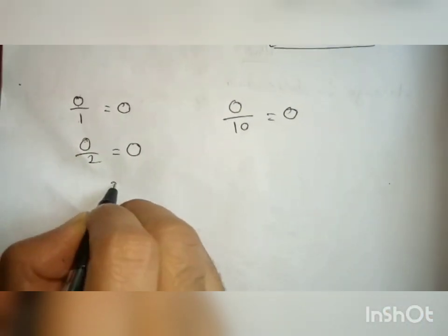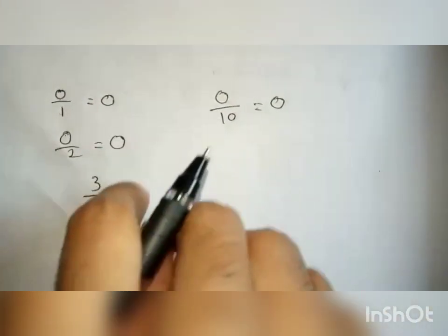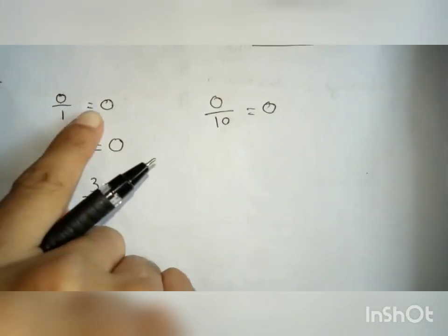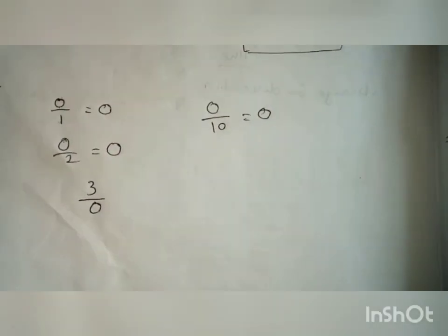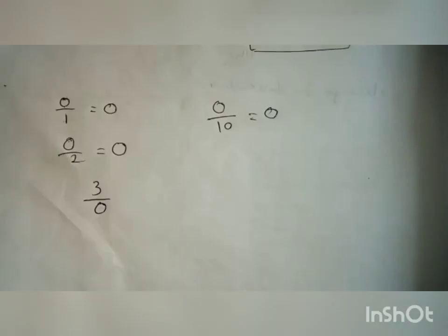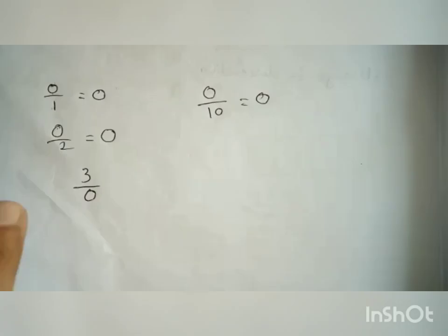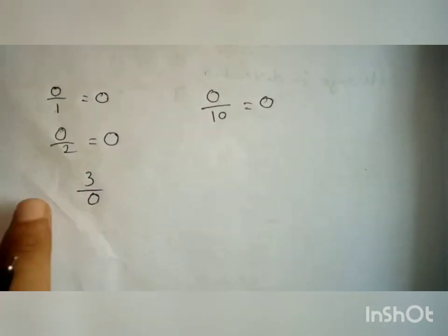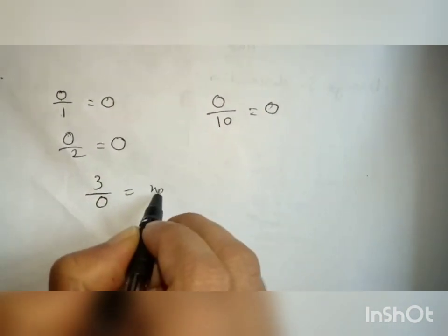What about this, 3 by 0? If you have 0 at the numerator and any number at the denominator, it will be 0 itself. 0 by anything is 0. 0 divided by any number is 0 itself. But here 3 is divided by 0. So if you have 0 at the denominator, that is not defined.